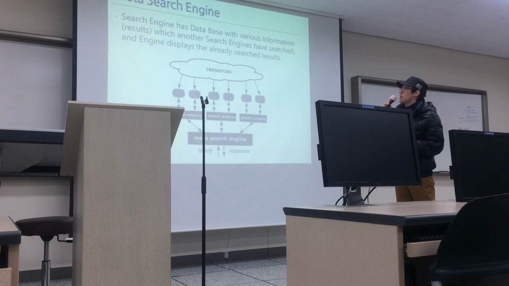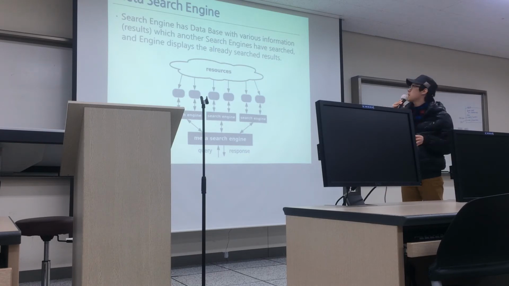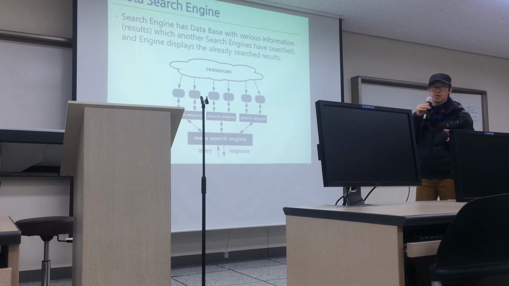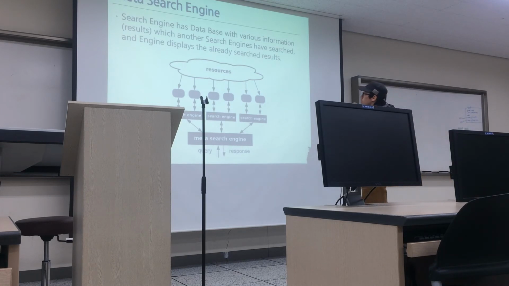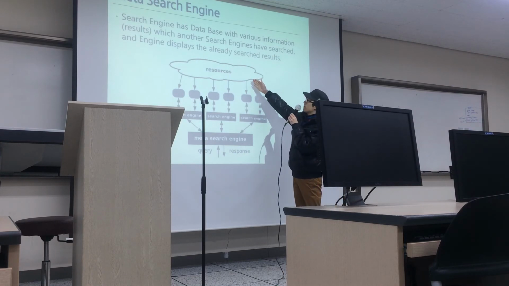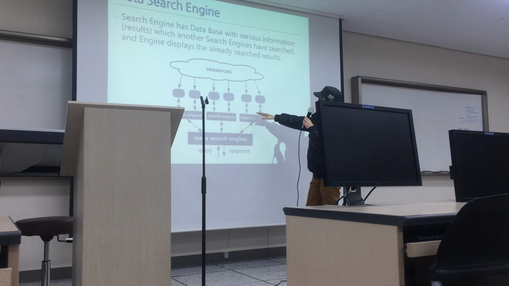Third, the meta search engine. This engine has a database with various information which other search engines have searched, and the engine displays already searched results. For example, you see the illustration: top class resources, subclass search engines.